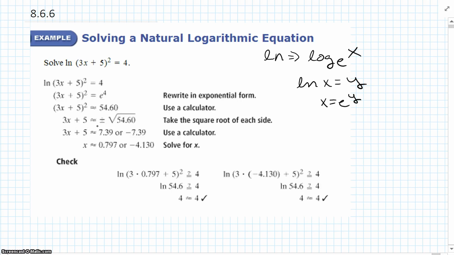So 3x plus 5 is going to equal plus or minus the square root of 54.6. 3x plus 5 is going to equal 7.39 or negative 7.39. So x is either going to equal 0.794 or negative 4.13. And then we double check the work and it looks like they both work just fine.